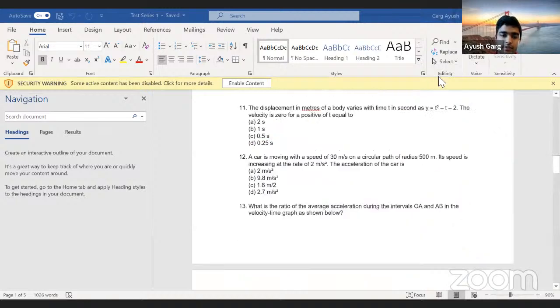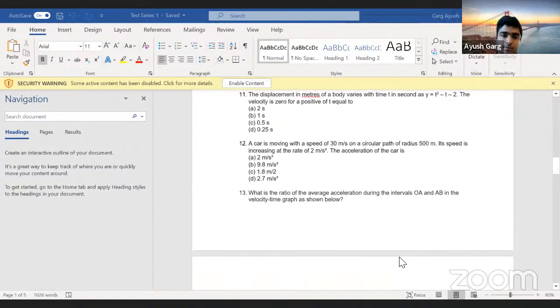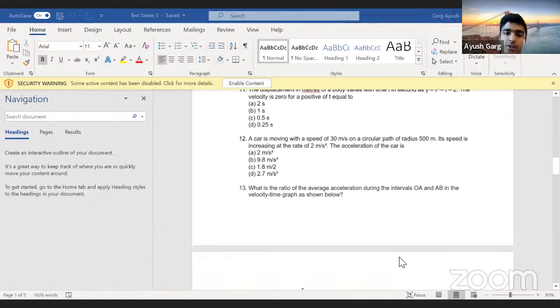Let's move to the next, 12th question. A car is moving with a speed of 30 meters per second on a circular path of radius 500 meters. The speed is increasing at the rate of 2 meters per second square. The acceleration of the car is.